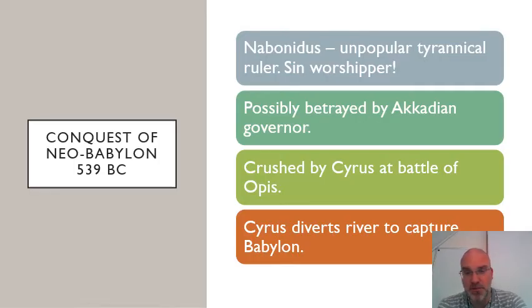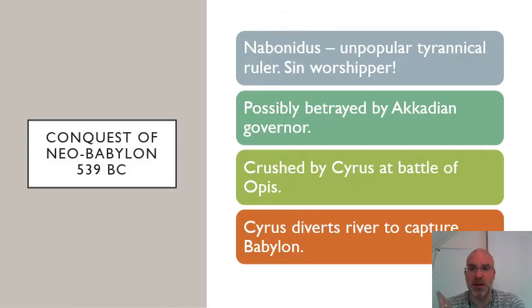Now, there's a bit of a variation in stories here. Many of the Babylonian and Middle Eastern authors don't actually mention any fight over the city of Babylon. They say the city of Babylon surrendered almost instantly after this battle. Now, Herodotus tells a story about how the city resists, and so Cyrus diverts a river to capture Babylon.